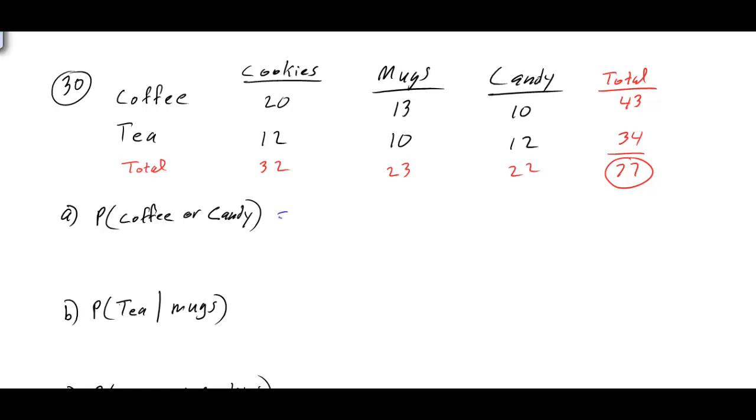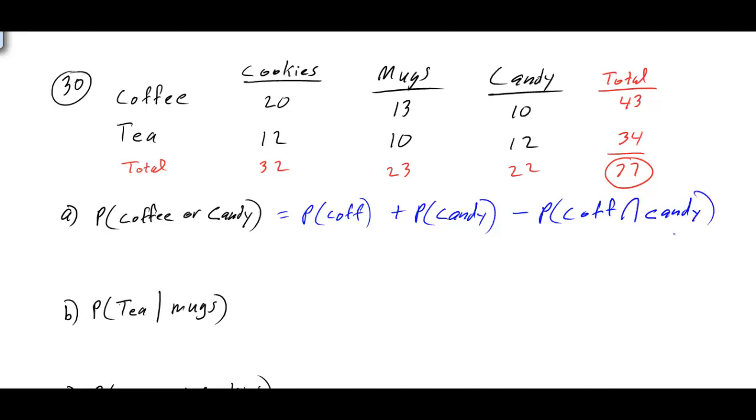So we're going to look at the probability of coffee, and since it's or, we're going to add the probability of candy. And then if they share something in common, we need to subtract away the probability of coffee and candy.